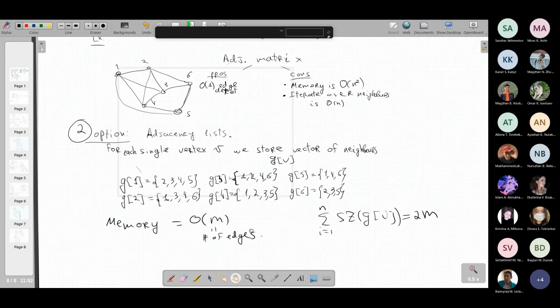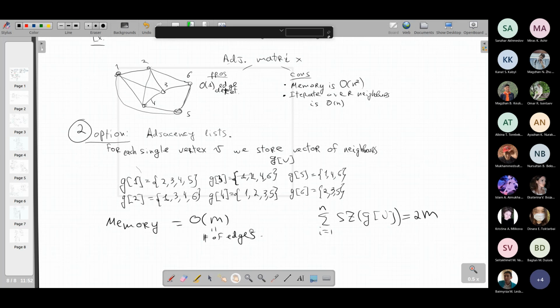Why is it so? Because it's an undirected graph, so we save each edge for each vertex. Then it should be 2m. Why not 10m?